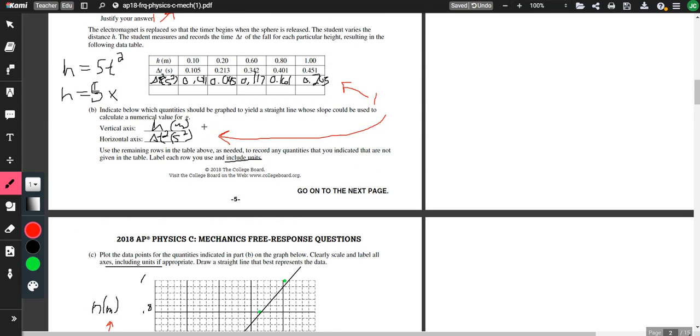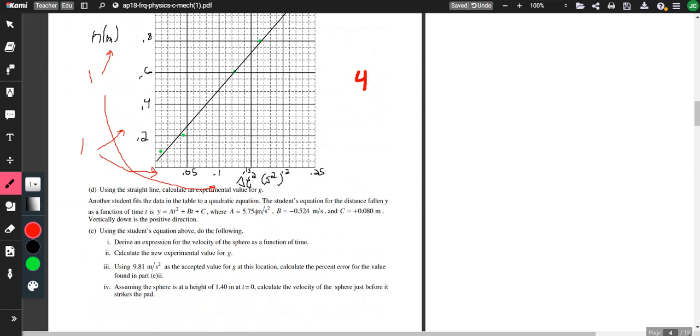So even if you messed up and for some reason you said you would get a straight line doing H and T, you would still at least get credit for this since it made sense with what you did with part B.